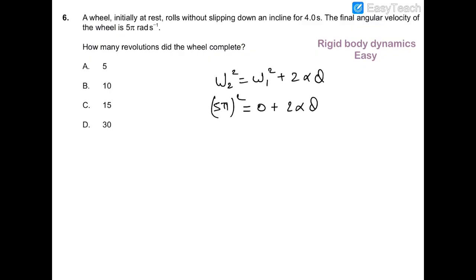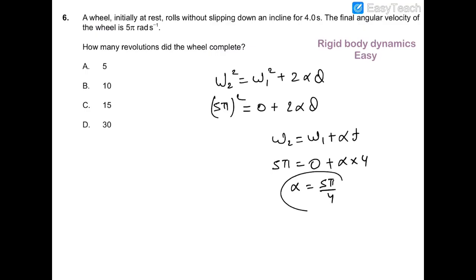But obviously alpha is unknown, so we would also use this formula: omega 2 equals omega 1 plus alpha t. So omega 2 is 5 pi and omega 1 is 0, and t is 4 seconds. So alpha is 5 pi by 4. So we will substitute this value here.